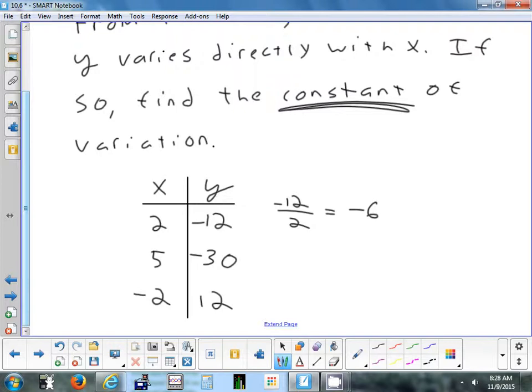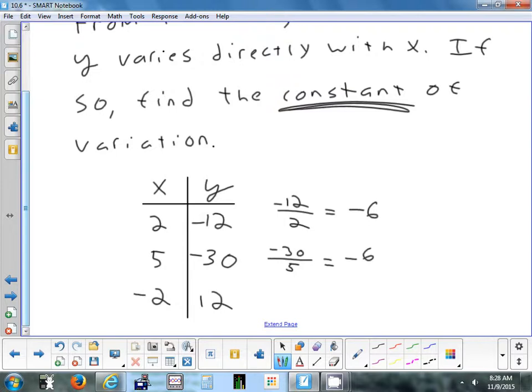All right, let's check the next one. Y divided by x. Okay, y is negative 30. X is 5. Okay, Caitlin, what's negative 30 divided by 5? Yeah, negative 6. Okay, we're hoping we get that same number all the way through. If we do, this is direct variation.